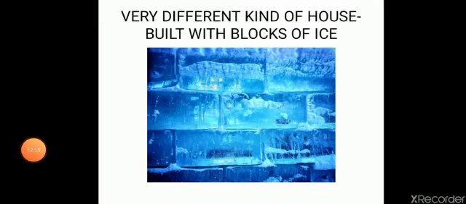Now, a very different, unique kind of house I want to discuss with you, and that is made up of ice blocks. Now, you will think, is it possible to live in a house made of ice?